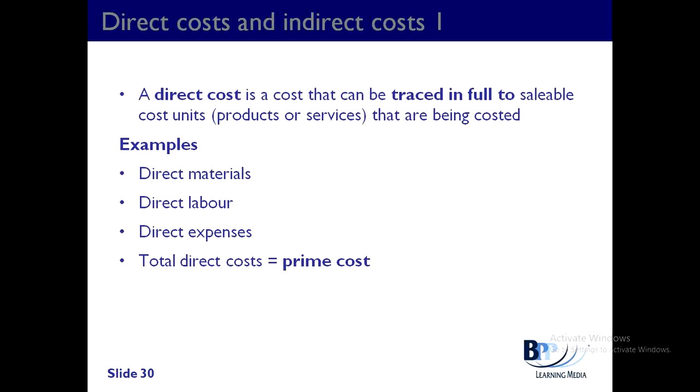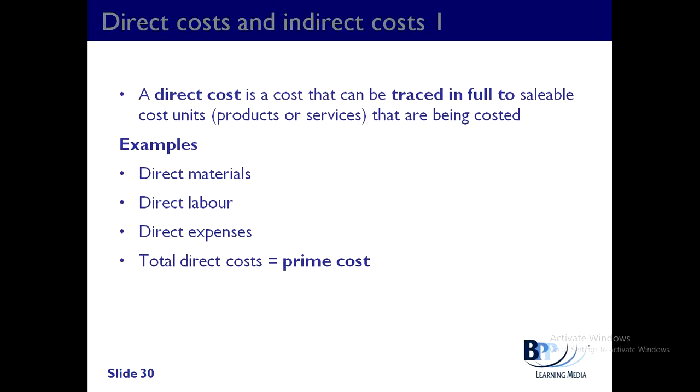So a direct cost can be directly traceable to a unit of a product. So if you're looking at the product, the cost that you are able to directly relate or link to a particular product, those costs are called direct costs. For example, materials.